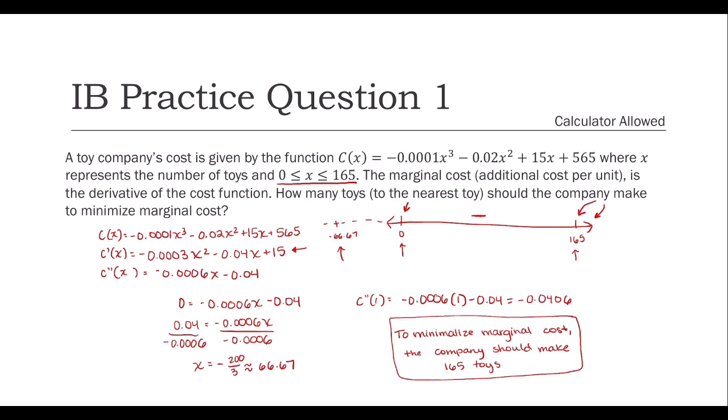So your marginal cost for 165 toys would be C prime of 165, which is approximately $0.2325 per additional toy. Dollars per toy. This is just some additional information. All you have to do is get to this point on the question.